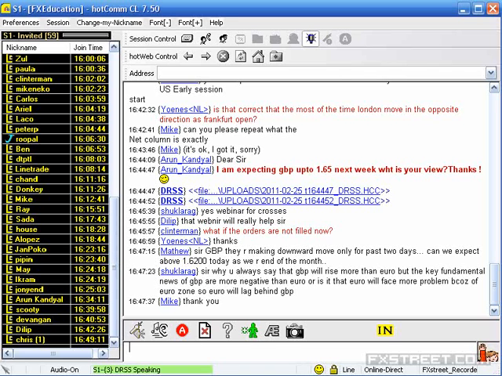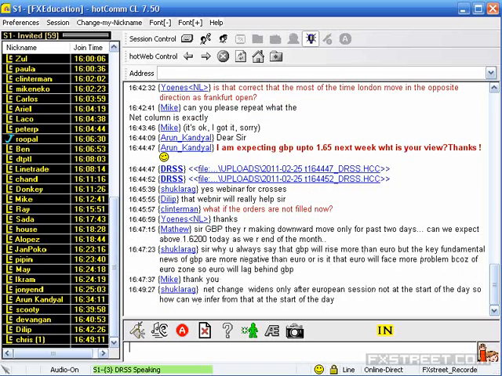Then Matthew. GBP, they are making a downward move only for the past 2 days. Yes, they have been doing range-bound swings between 61 and 62, making a brief downward stop and an upward stop above the 62 level. They are doing this sort of consolidation mainly to gain the levels, as in the case of Euro GBP, because the pip value is high there, and subsequently they are expected to make a massive rise in GBP.